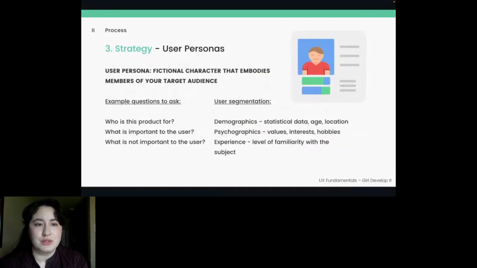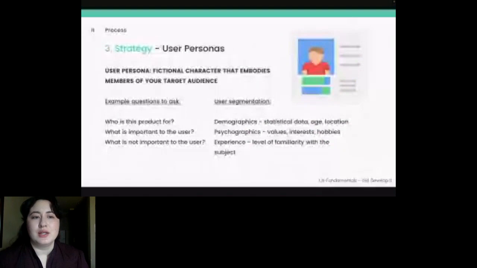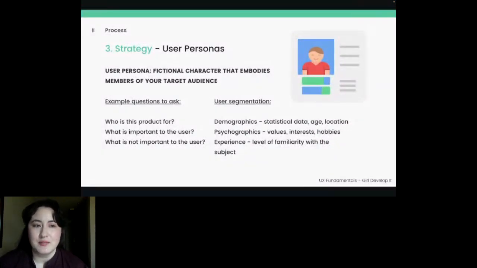So just for example, a user persona, if you're not already familiar, is a fictional character that embodies members of your target audience. So it usually looks like a little profile card, and you're going to give your user persona a name, a picture, an age, a job, and all of these details that embody what your main target audience member is.